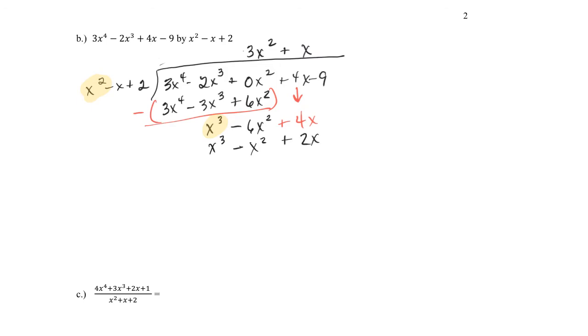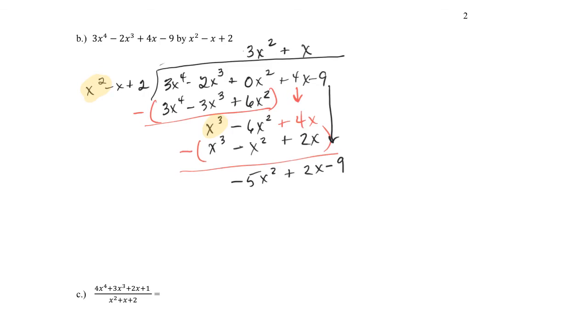And again, all I've done is I've distributed to each of these terms to get the values. Okay, again, we're subtracting. So x cubed minus x cubed is 0. Negative 6x squared minus negative x squared. So that's negative 6x squared plus x squared will be negative 5x squared. 4x minus 2x is positive 2x. Bring down your next term, negative 9.